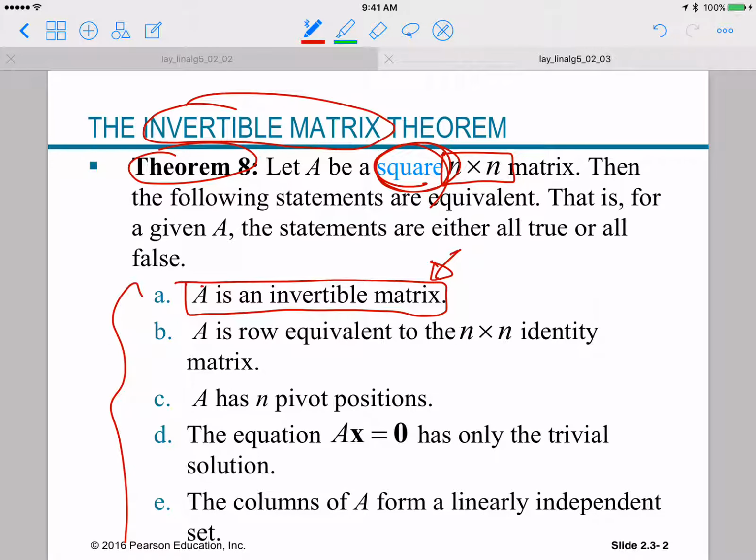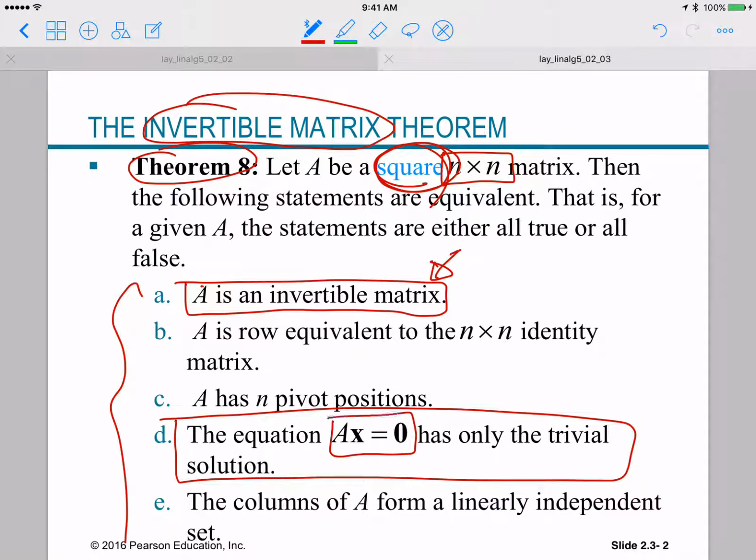And in that case, this was the same thing as this one: no non-trivial solution. In the case of a homogeneous linear system, if that system has only the trivial solution, that is the same as the situation where we have no free variable.